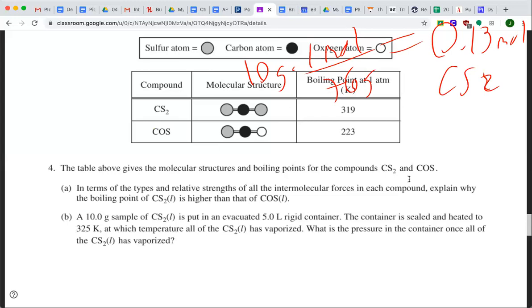And you're at 325 K in a 5 liter container. So this is just PV equals nRT. And what does it want? Pressure.